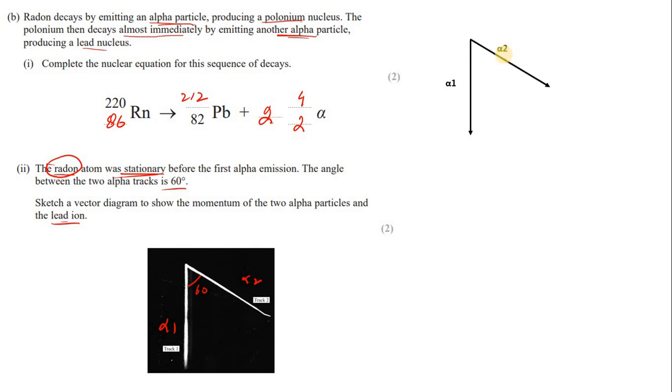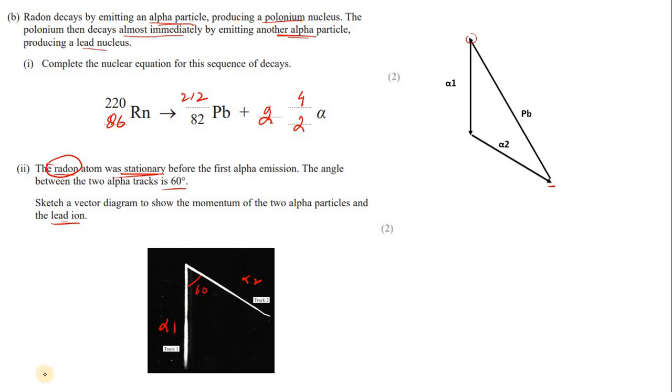This is alpha 2, and we need to add these together by the head and tail rule. This is actually the diagram that you need to draw, not the first one, which was just for your understanding. So alpha 1 momentum adds to alpha 2, and then adding the momentum of lead, the final momentum becomes 0. It is only possible if you join the head of the last to the tail of the first, showing there is no resultant, so momentum will be 0.